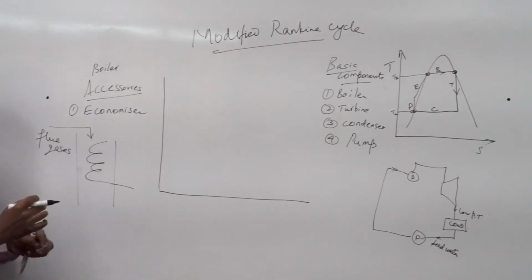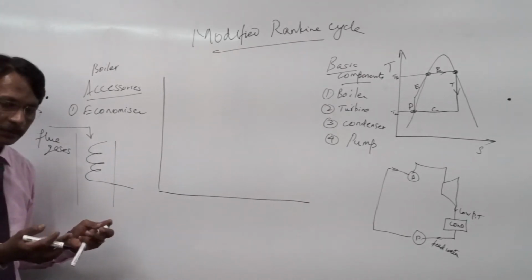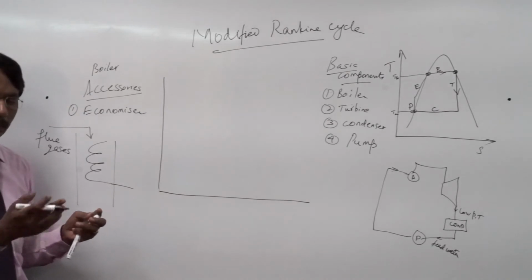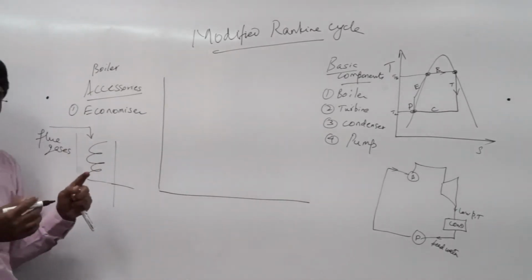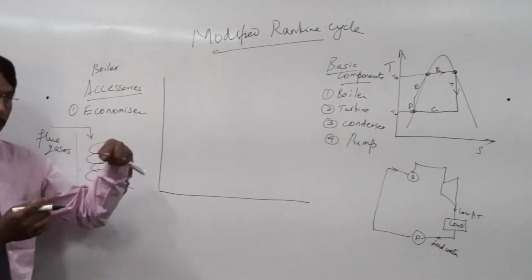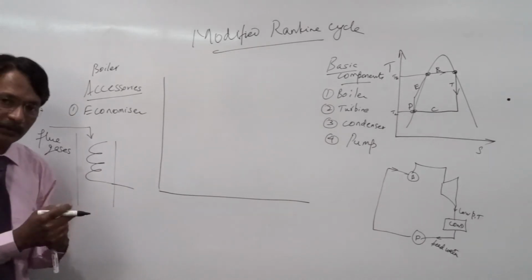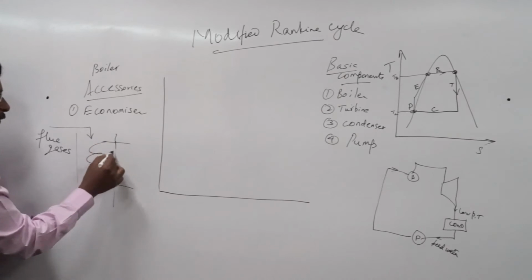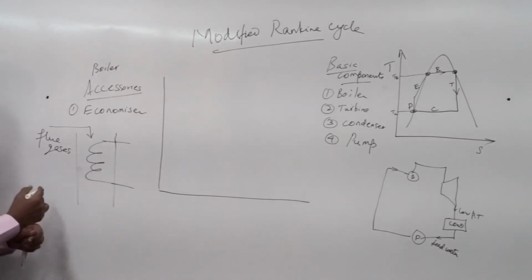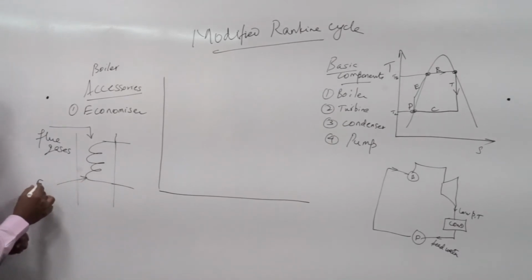Flue gases are the products of combustion. You have ash, one product of combustion, when you are burning coal, and then you have got flue gases. The flue gases are simply escaping to the atmosphere, carrying with them a lot of heat. Now, I place in the path of the flue gases the economizer tube.